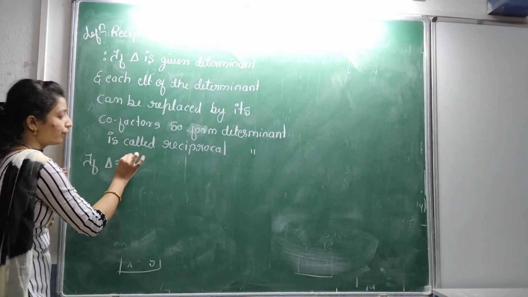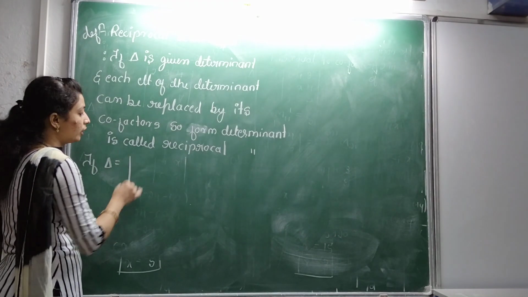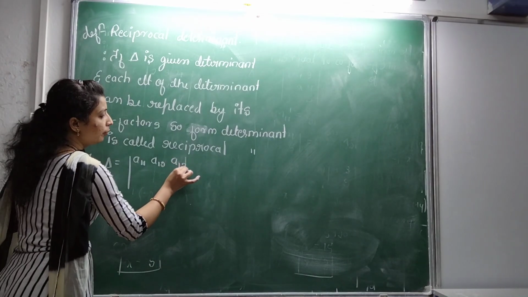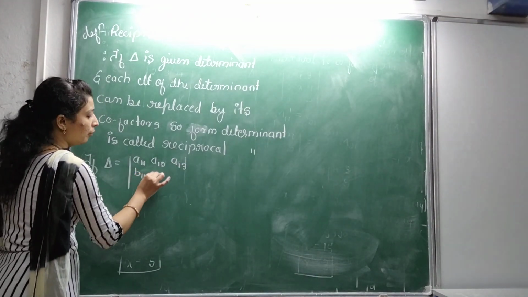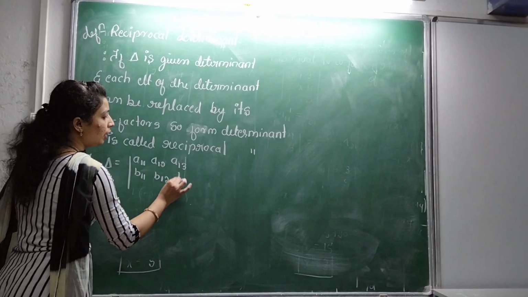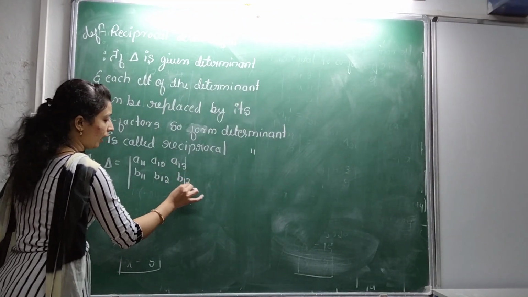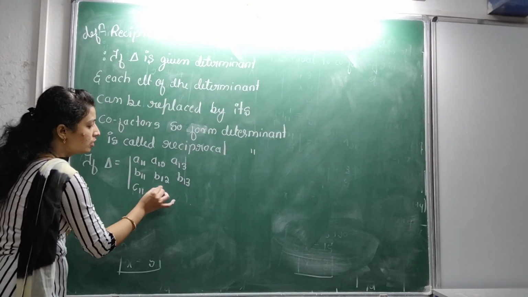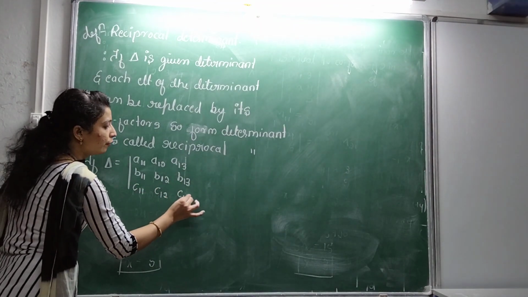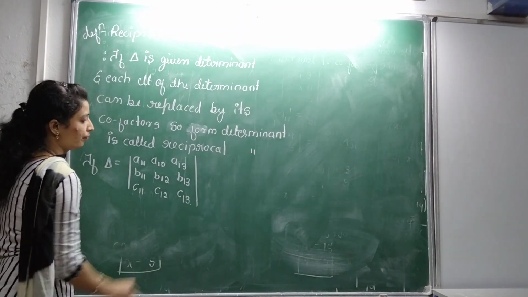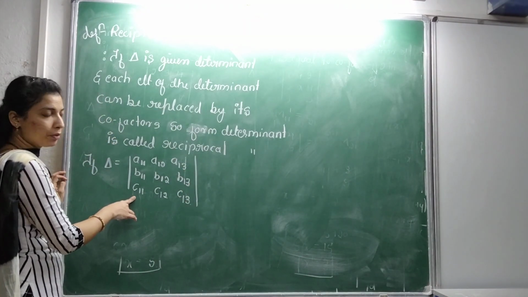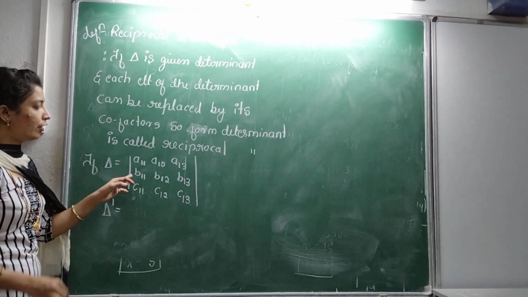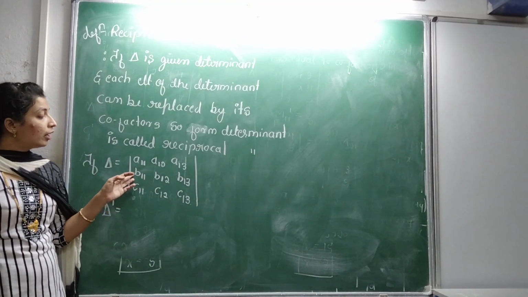So if delta is equal to, I take a 3 cross 3 determinant, that is A11, A12, A13, in the second row A21, A22, A23, and third row A31, A32, A33. This is the given determinant. So delta dash is the reciprocal determinant.